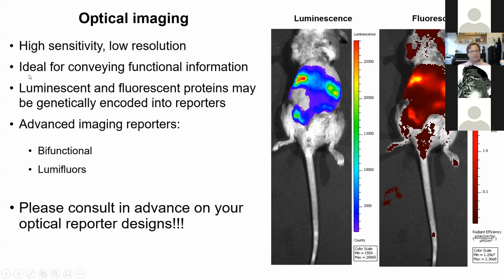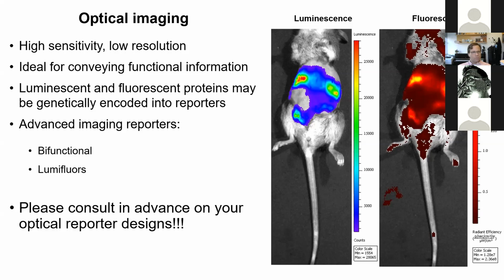In this case, the real advantage is the ability to build functional reporters that tell you something about the biology of the tumor or of the tissue. Because proteins can be engineered that are luminescent or fluorescent or even both, you have the ability to hook those up and engineer them in very sophisticated ways to ask biological questions about your system.